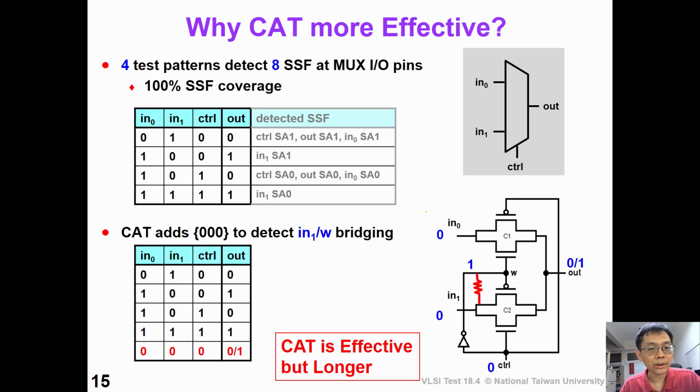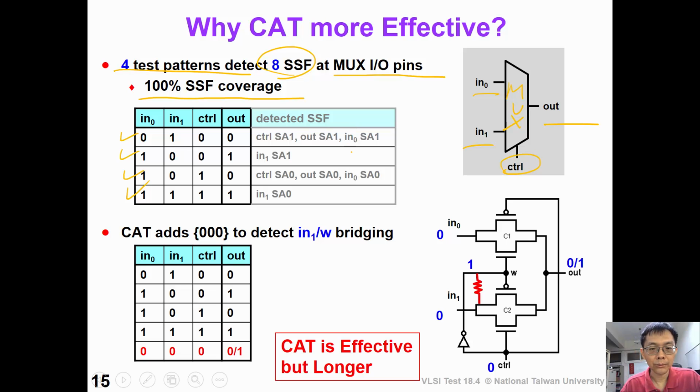Here we show an example of cell-aware test. For this MUX, which has 2 inputs, 1 control, and 1 output, traditionally we need only 4 test patterns to detect a single stuck-at fault at the I/O pins of this MUX. So these 4 test patterns are good enough because they have 100% single stuck-at fault coverage.